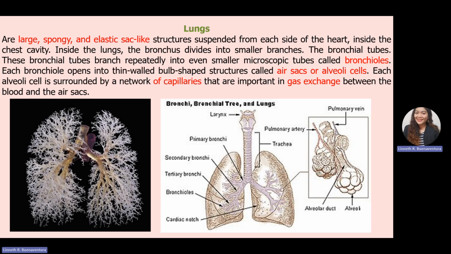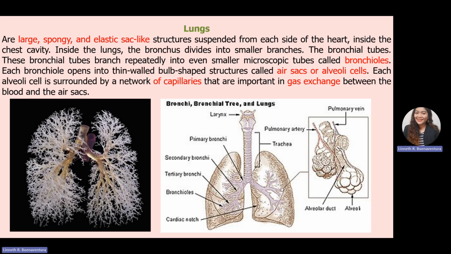Inside the lungs, the bronchus divides into even smaller branches. The bronchial tubes divide repeatedly into even smaller microscopic tubes known as bronchioles. At the end of the bronchioles, we have the alveoli or air sacs.